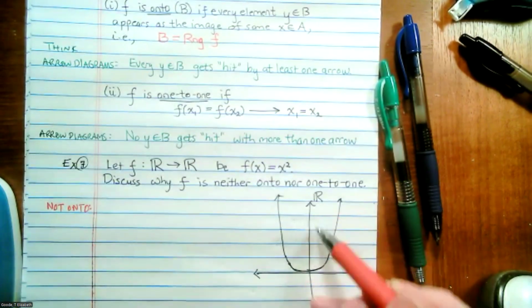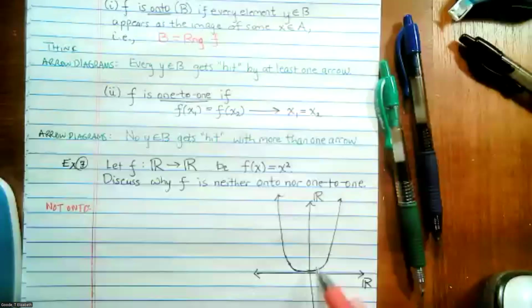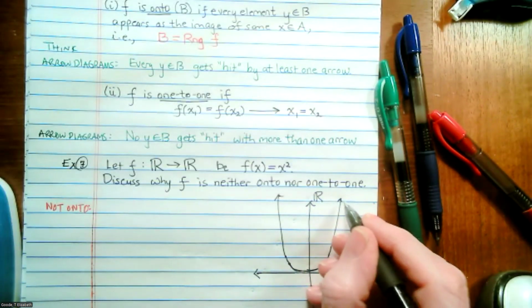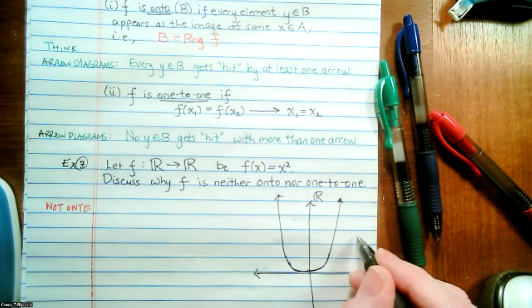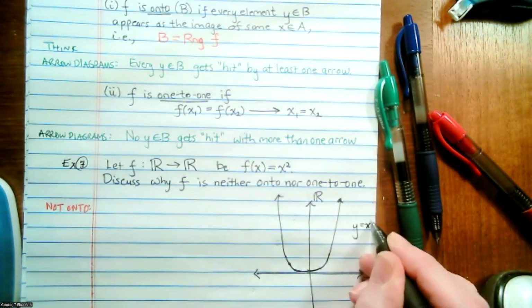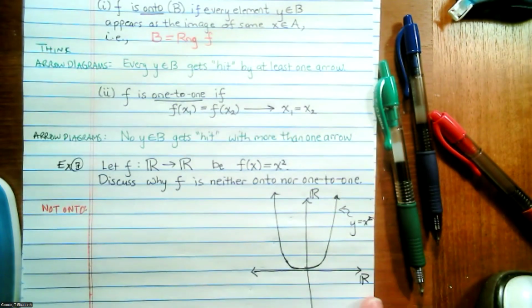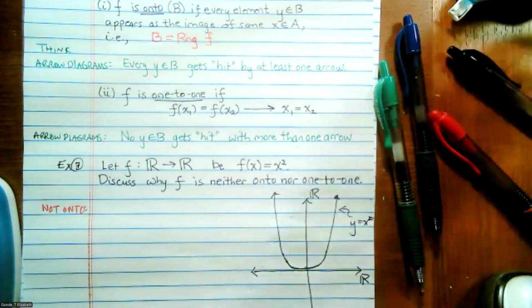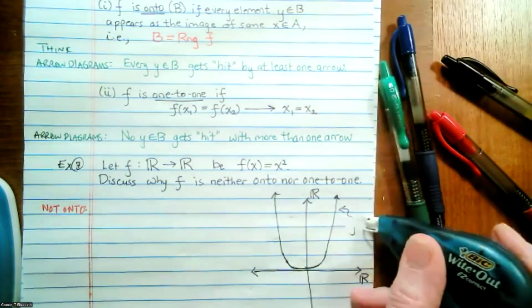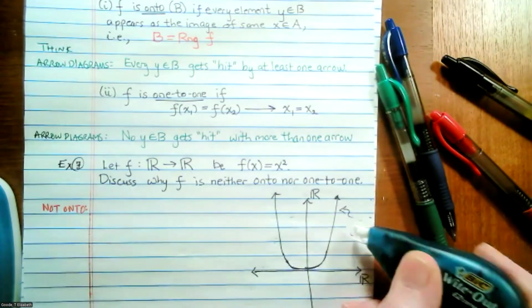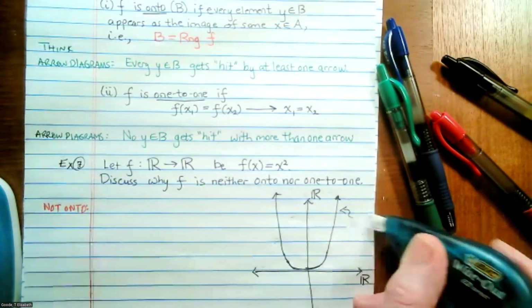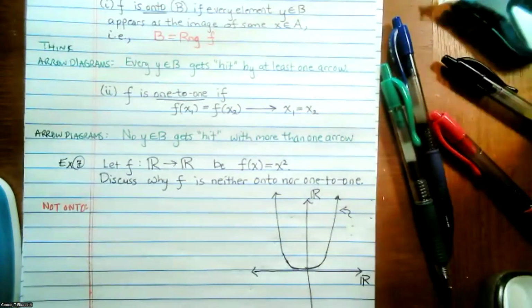The codomain is this entire real y-axis. And if we look at y equals x squared, the y values, of course, are the values that the function attains. And do we ever get a negative y value when we square a real value x?